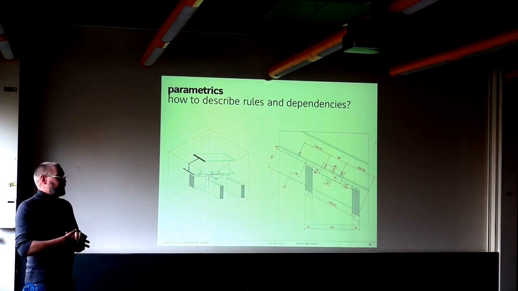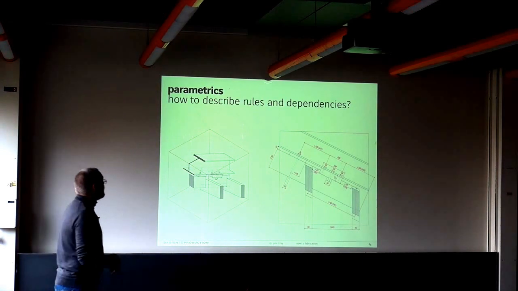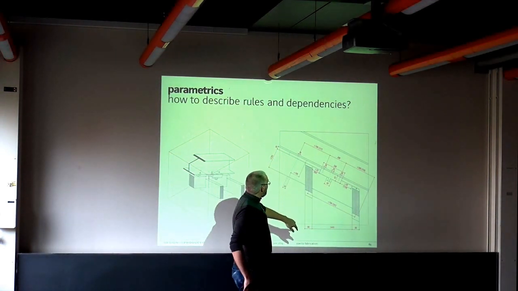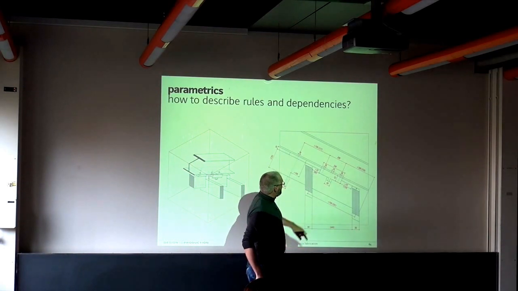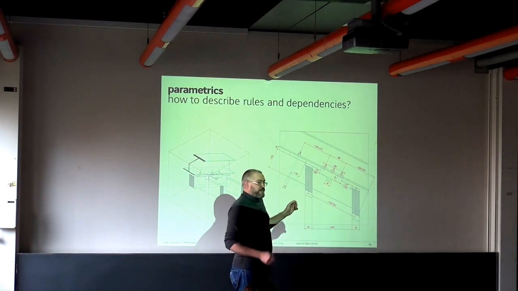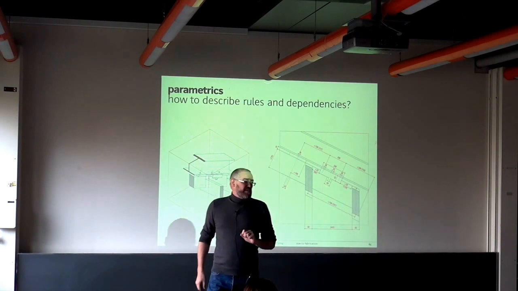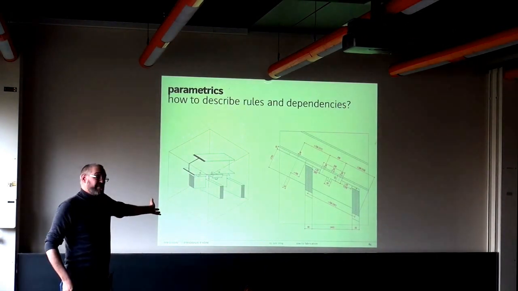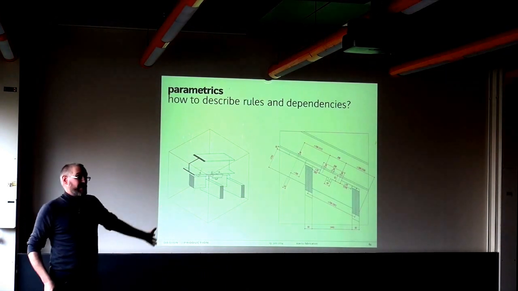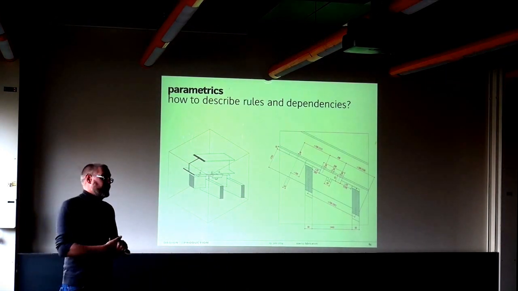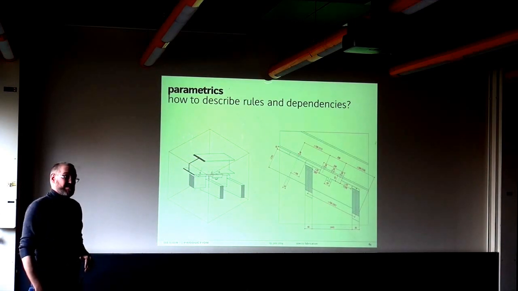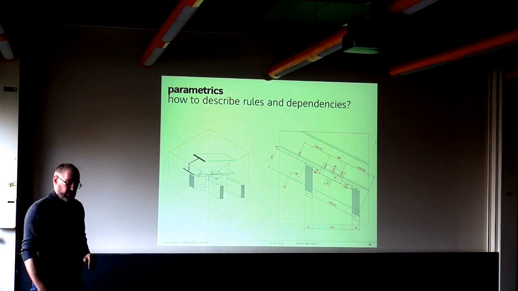How do you say, okay, this needs to be bigger than 100 millimeters, this needs to be bigger than 20 millimeters, whatever, which dimension is depending on which other dimension, what's actually happening in there. I have it in a parametric model, I have described it as a bit of code, but that's, for the time being, the only way of properly transporting this information. How do you do that?